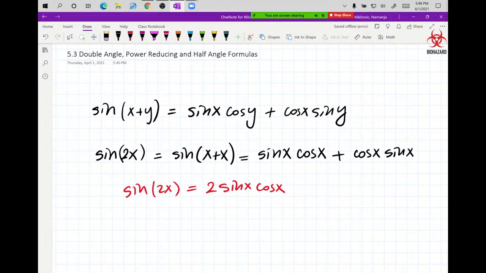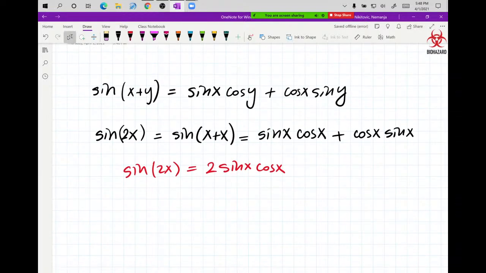So with that, now that you know the trick, you can derive the cosine and the tangent using the same ideas. So your cosine 2x will be cosine squared x minus sine squared x when you combine all of those things the same way.